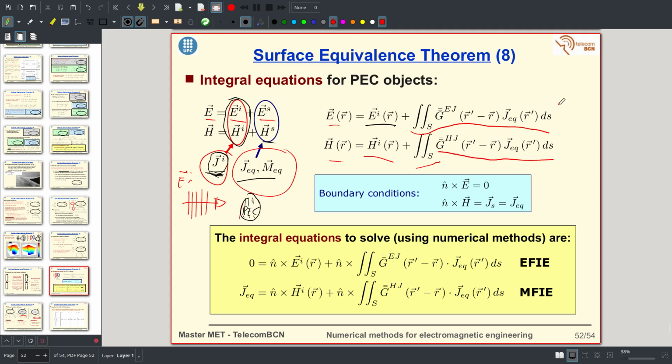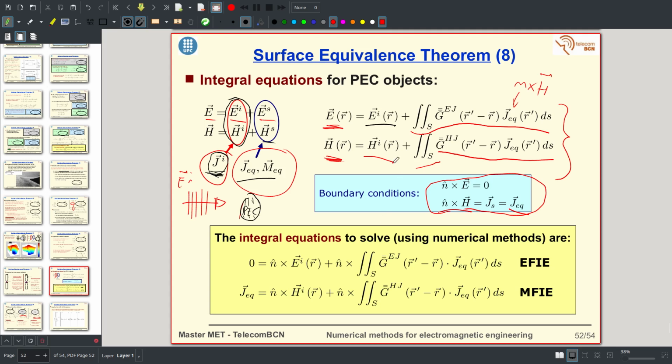Now these are the radiation equations that give us the electric and magnetic field, but the problem is that, as you know, the equivalent current is equal to n cross H, so it depends on the magnetic field, and then we cannot directly compute the electric and magnetic field using these equations. What we have to do is to set the boundary conditions.